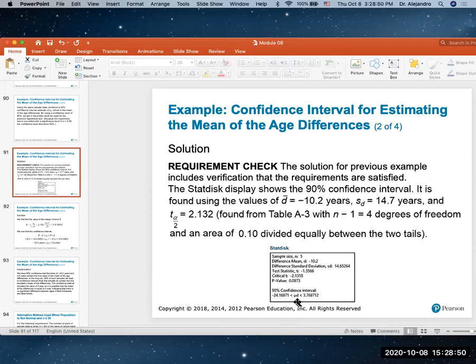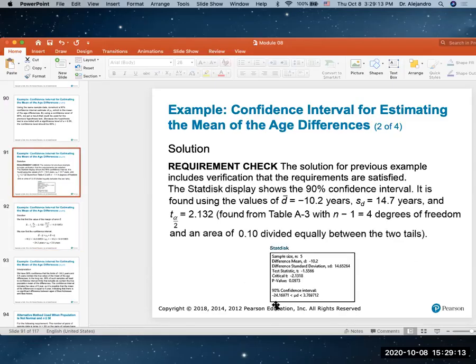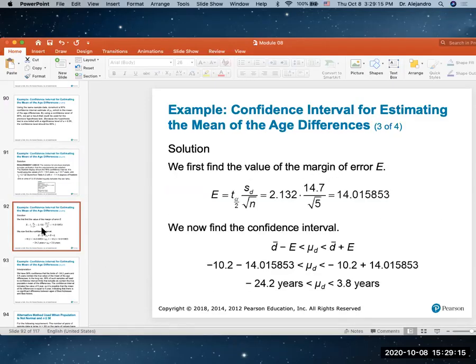So according to this, the mu d is somewhere between negative 24.17 and 3.77. Now, this is the margin of error. So this is the formula. We're going to need to do d bar plus or minus e. And this is what you get, which is very close. Just look at these two numbers and look at these ones. So they are pretty close.